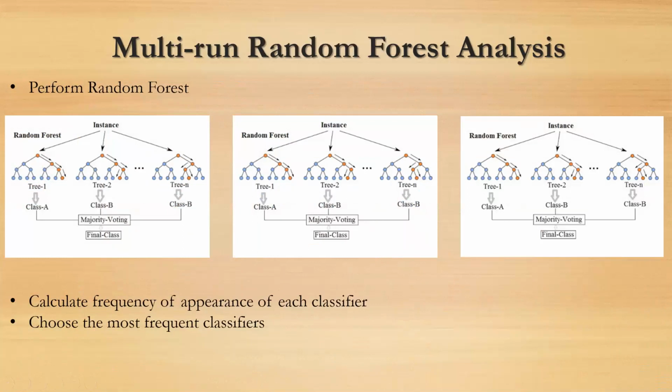Then our multi-run algorithm will calculate the frequency that each feature appears. So we have, for example, the same feature here, classifying class A from all the other classes. We calculate how many times and in how many trees this feature has appeared, and we choose the most frequent classifiers, the features that have appeared most frequently.